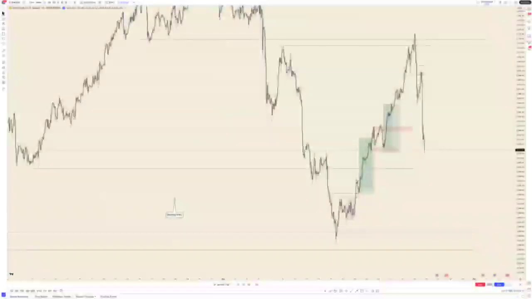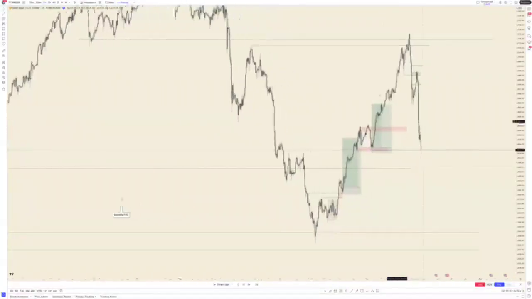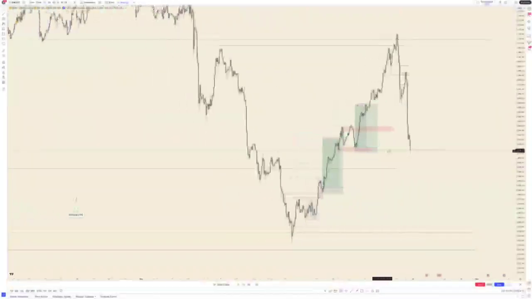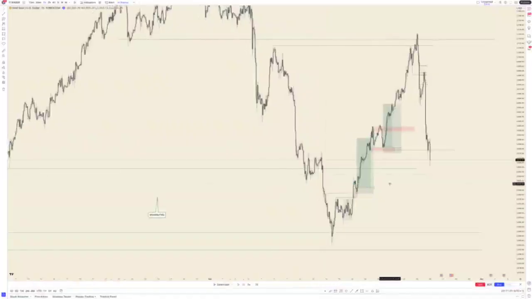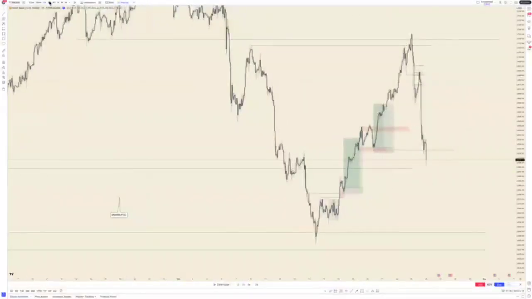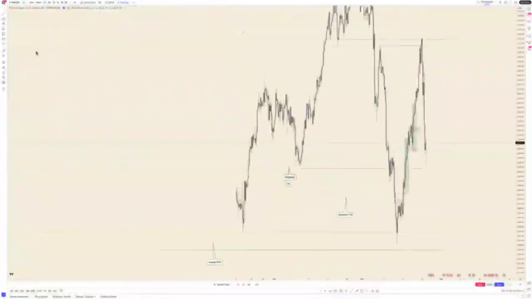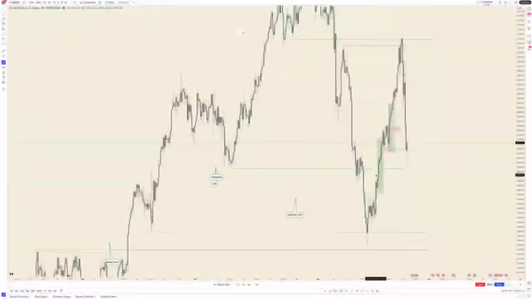So this is the last range low for this most recent move. This is liquidity. The 4 hour FVG is all mitigated.